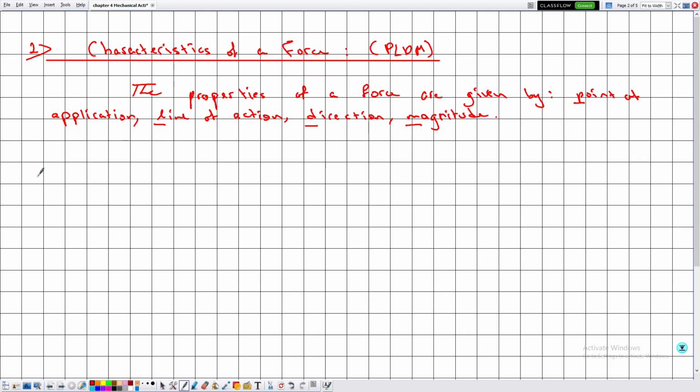So let me start with the point of application. So section 2.1, point of application.